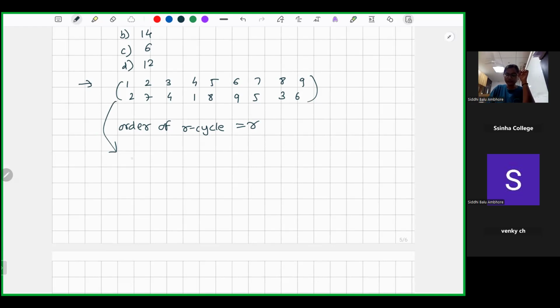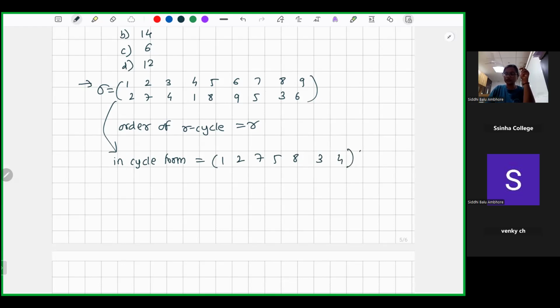So for example, here if we are converting this into cycle form, let us call this sigma. So the cycle form of sigma: 1 goes to 2, 2 goes to 7, 7 goes to 5, and 5 goes to 8, and 8 goes to 3, 3 goes to 4, and now 4 goes to 1 again.